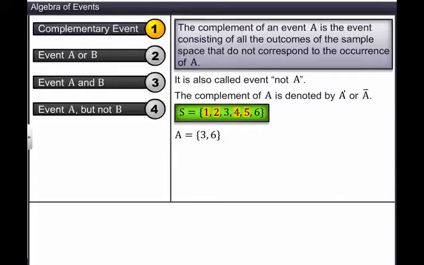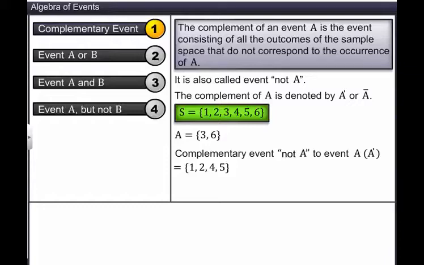Thus, the complementary event not A to event A, or A complement, is {1, 2, 4, 5}. In general, complementary event not A can be written as the set of a such that a belongs to S and a does not belong to A.